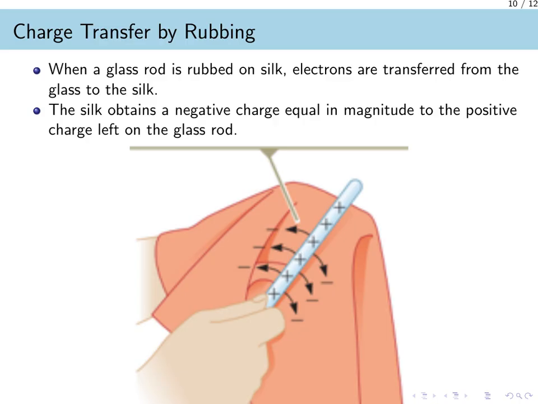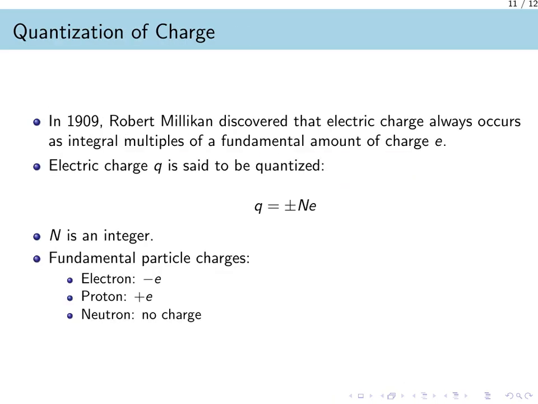Since the glass rod has lost those exact same electrons, it is left with an equal magnitude of positive charge. This perfect balance between the negative charge gained and the positive charge left behind perfectly illustrates the fundamental conservation of electric charge.